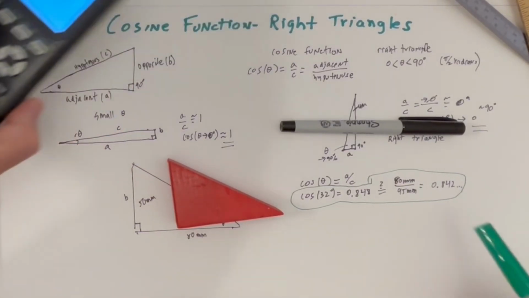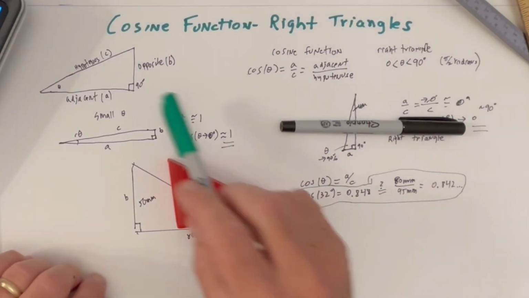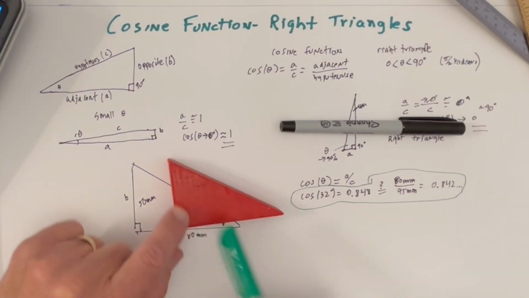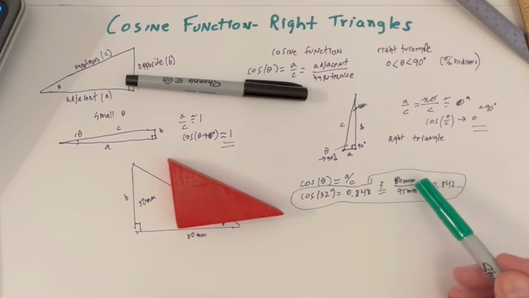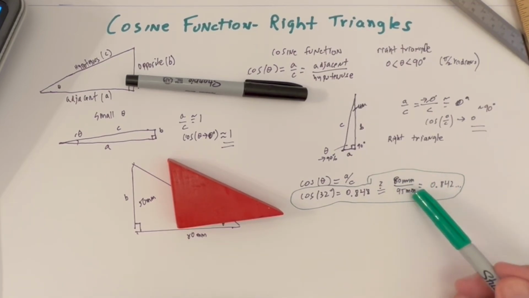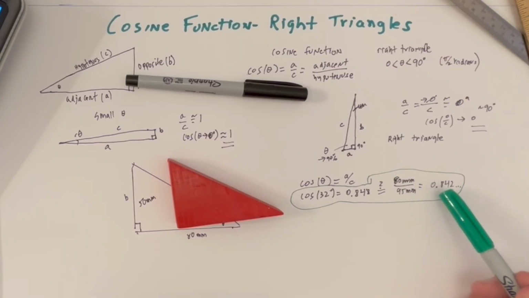We developed the definition of the cosine function for a right triangle. And what we did, we validated with an example that the cosine of 32 degrees is equal to 0.848. The ratio of A over C, the adjacent over the hypotenuse, which is the definition of the cosine, is 0.842.